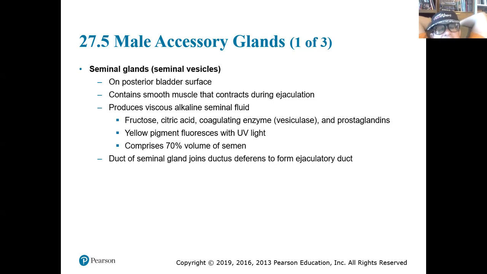This is about 70% of the volume in the semen. Seminal vesicle is the vast majority of the fluid, the volume of the semen. The duct of the seminal gland is going to join the ductus deferens in the ampulla and form the ejaculatory duct. All right, so that's fine. Then we're going to go into the prostate.